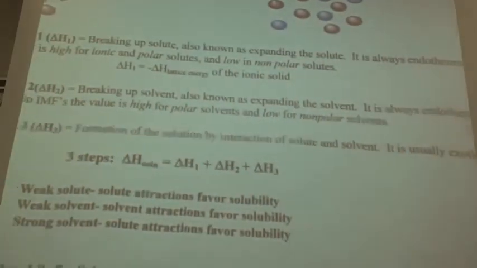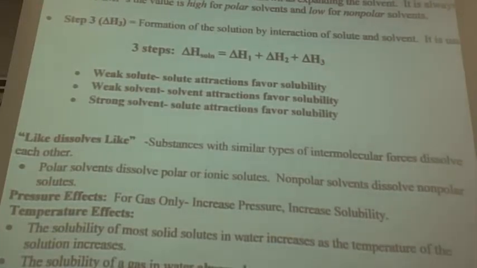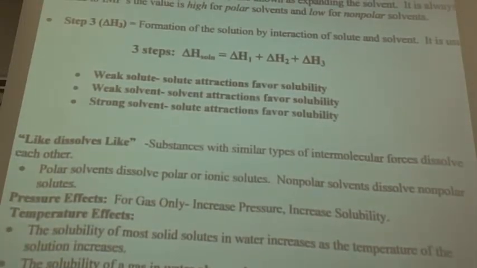So far, so good? Okay. That brings us to one of the overriding principles in solution formation, and that is like dissolves like. What does that mean? Anybody? Like dissolves like.